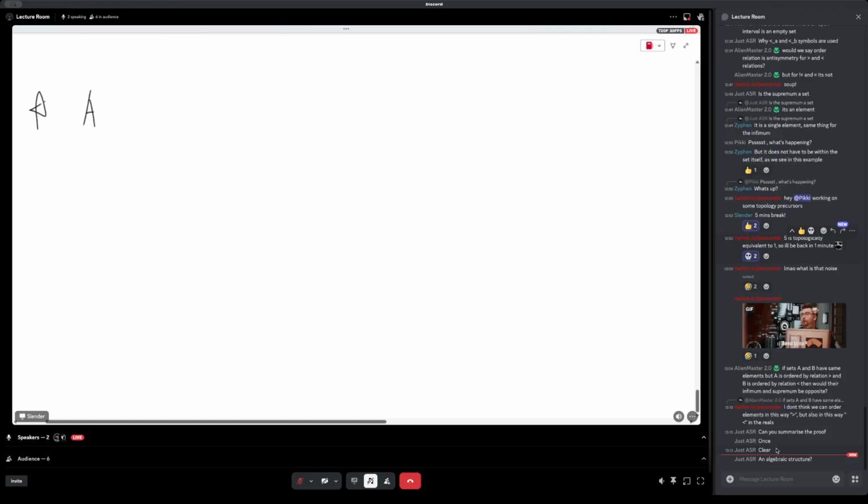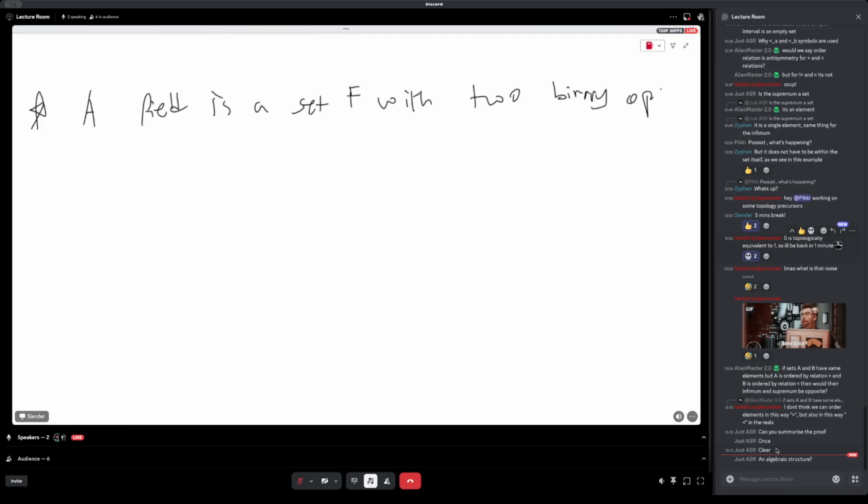So a field is a set F with two binary operations, addition and multiplication. I will denote multiplication by this dot, with the following properties.